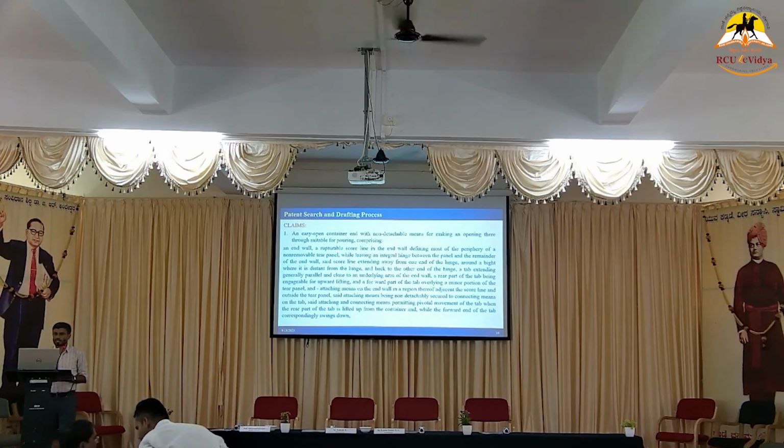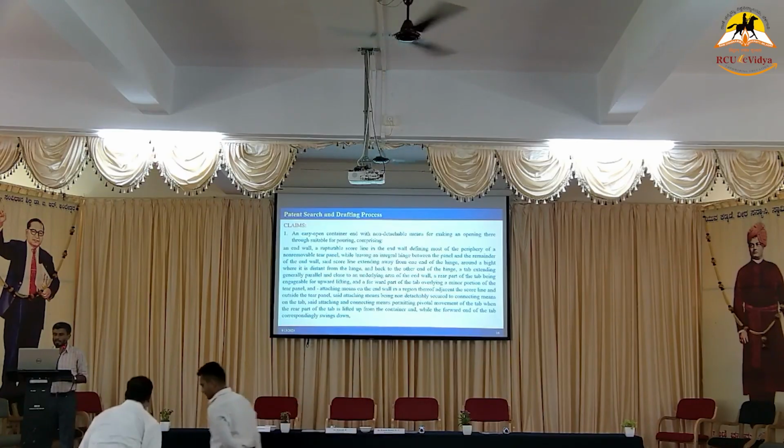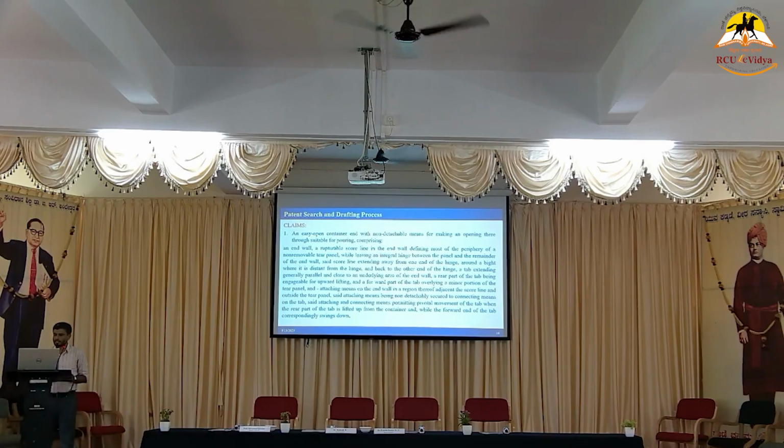Said score line extending away from one end of the hinge around a bight where it is distant from the hinge and then back to the other end of the hinge. A tab extending generally parallel and close to any underlying area of the end wall, a rear part of the tab being engageable for upward lifting and a forward part of the tab overlying a minor portion.